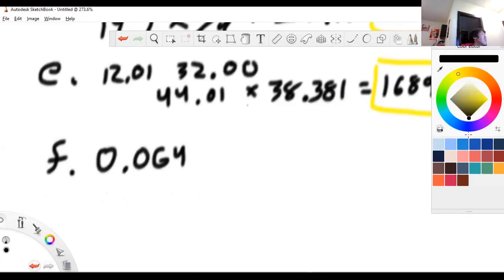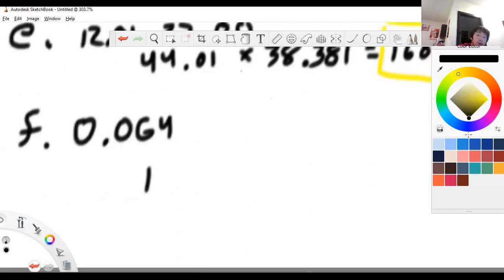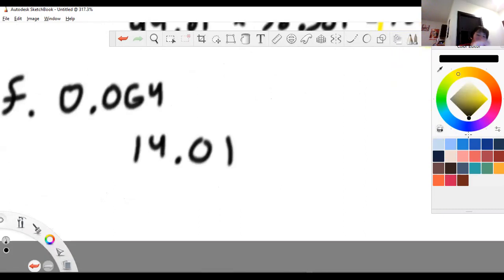So nitrogen has atomic mass 14.01. Hydrogen is 1.008.